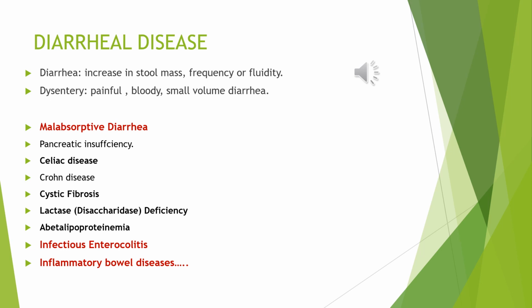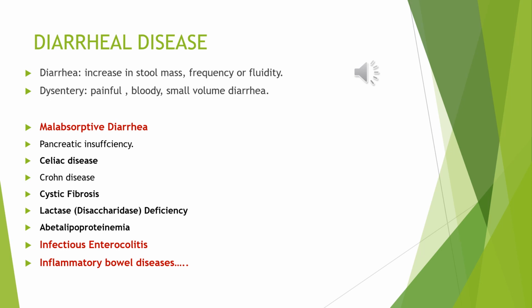Pancreatic insufficiency is due to lack of pancreatic enzymes, and celiac disease is wheat allergy, and Crohn's disease, which is one of the inflammatory bowel diseases, as we mentioned in the IBD lecture, can result in malabsorption because it affects the small bowel and the terminal ileum, the site for absorption of many nutrients, especially vitamin B12, proteins, albumin and bile salts.